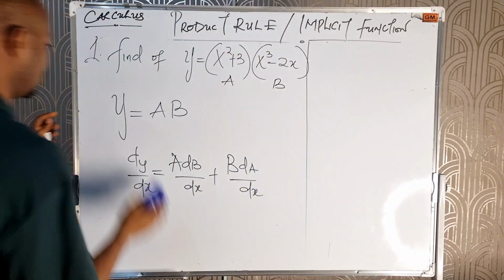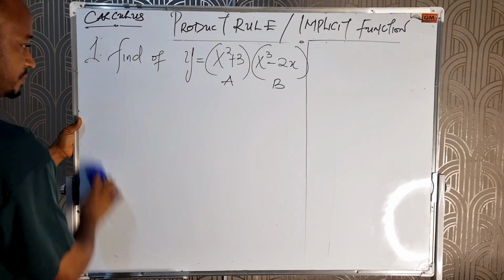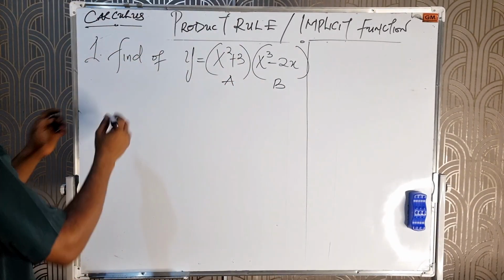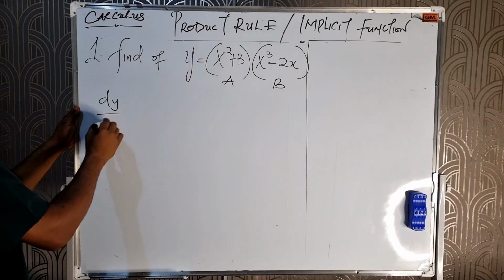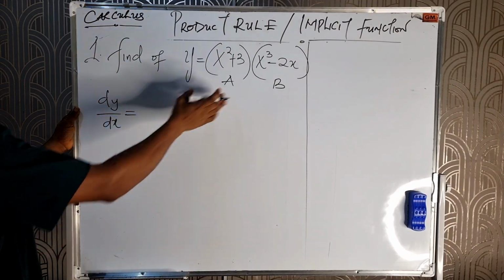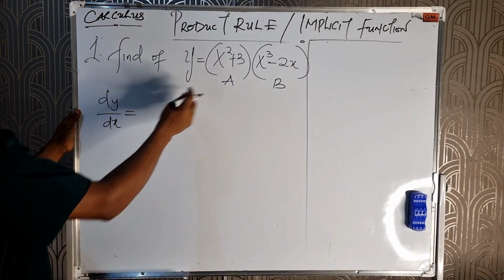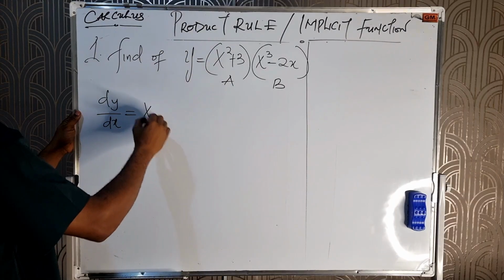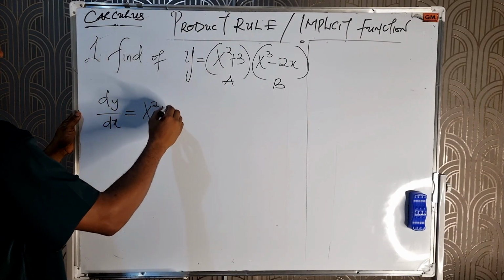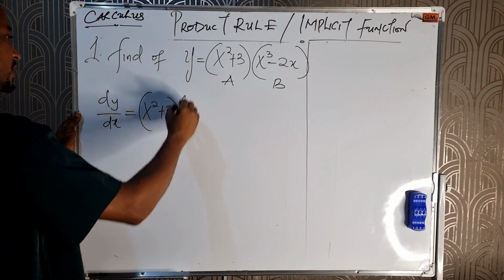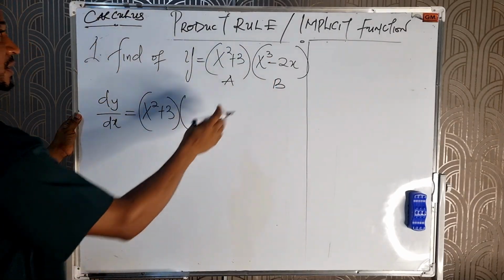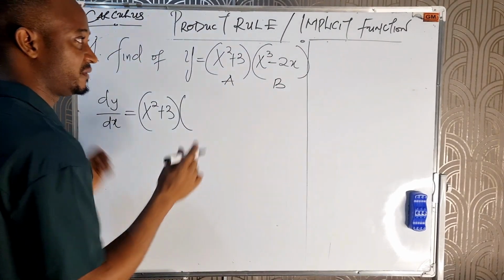Now let's go. Applying the product rule, this will give us dy/dx equals, I will keep a constant, I mean, I will not differentiate a, which is my x squared plus 3. Then I will differentiate b. Differentiating b, I will use the power rule of differentiation.